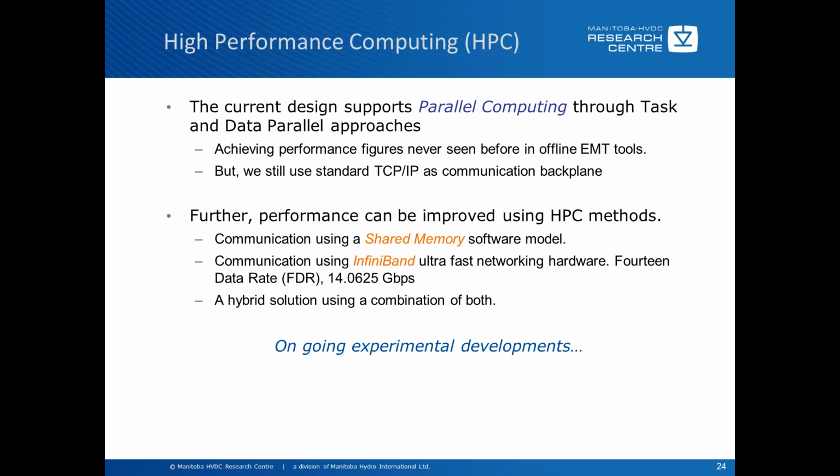What we want to be able to do is use parallel computing and achieve performance figures that we've never seen before in the offline type EMT tools. We want to be able to use standard TCP if high performance computing hardware is not available. If we don't have the fast hardware, we want to still be able to use the standard network.